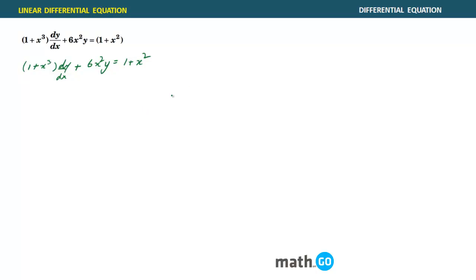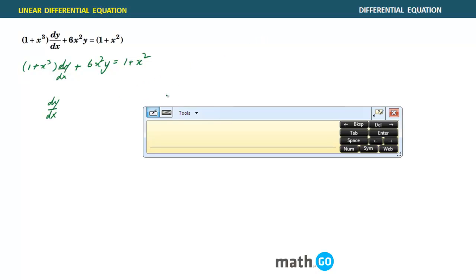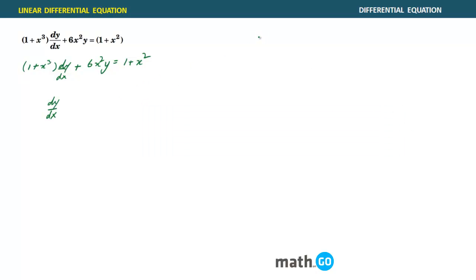So if this is given, let's see. dy by dx is here. Let's first of all try and make this into LDE form. What is the LDE form? The LDE form is where dy by dx is there plus py is equal to q.